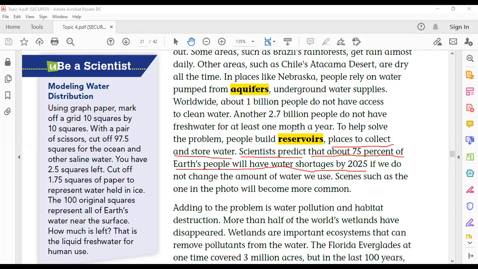If we don't change the amount of water we use, we must change our behavior in water use. Scenes such as the one in the photo will become more common.